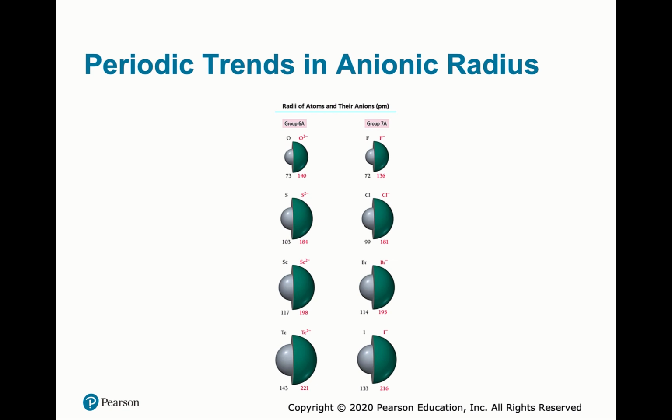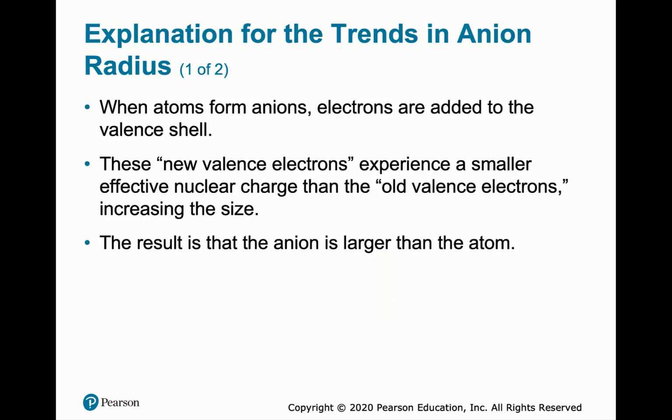So some trends here, you can see moving down for anions, they follow the same pattern, going down a group. And the same explanations. You have the shells, and the shells are shielded by the inner electrons. So these electrons are further away from the nucleus.